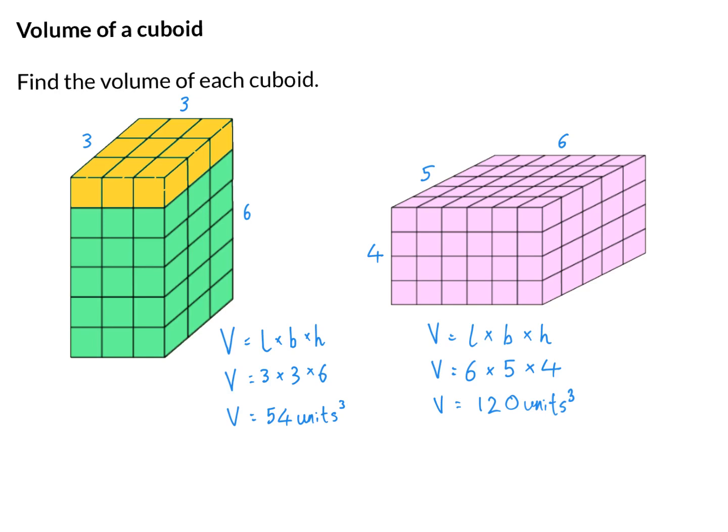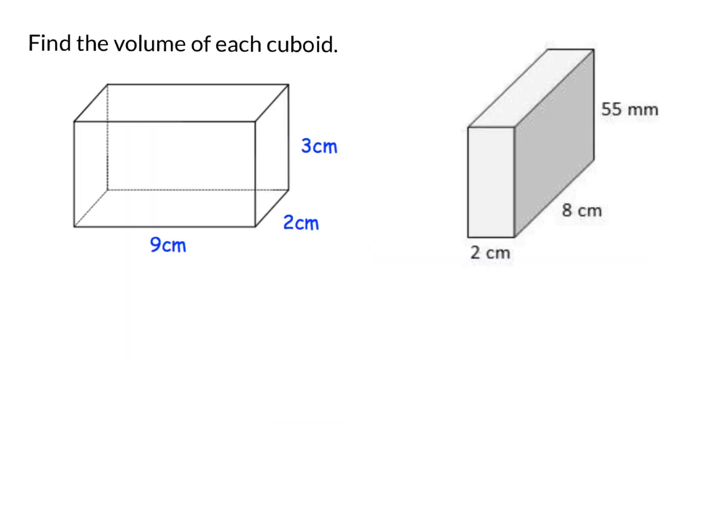Now, when we are doing problems like this, we don't usually have to count the dimensions. We're usually given them. So, if I wanted to find the volume of this cuboid here, the one that I've just coloured in yellow, we start by writing our formula.